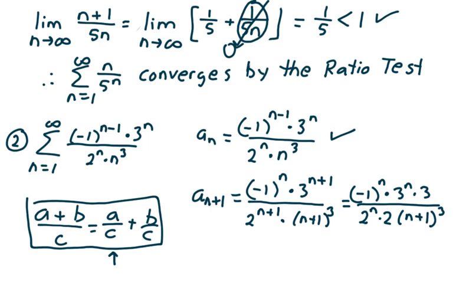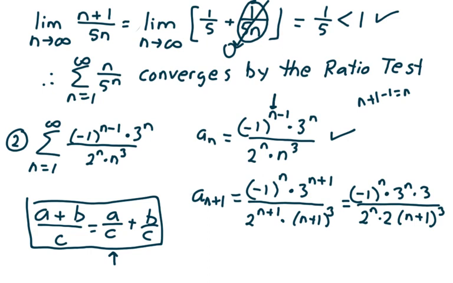Notice up here, this n became n plus 1, and n plus 1 minus 1 equals n. That's where I'm getting negative 1 to the n. So when I simplify this, I get negative 1 to the n times 3 to the n times 3 divided by 2 to the n times 2 times n plus 1 to the third.